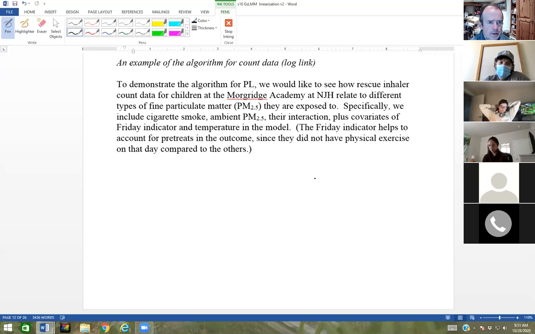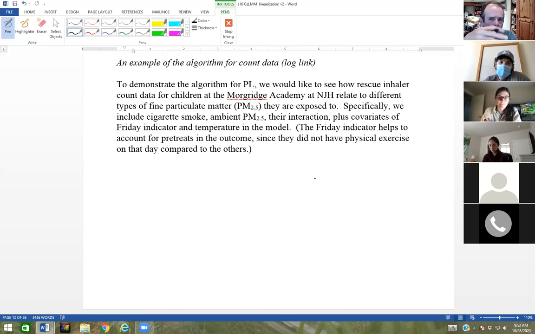So if you have a binary outcome, we can develop the linearization methods for that type of outcome. For a count outcome, we can set up the model in that way. And what I'm going to do here is show you a count outcome, and we assume the Poisson model, this algorithm can be specified for that.